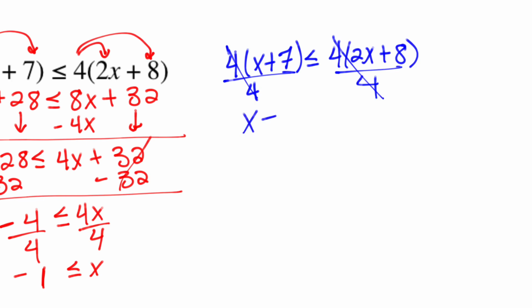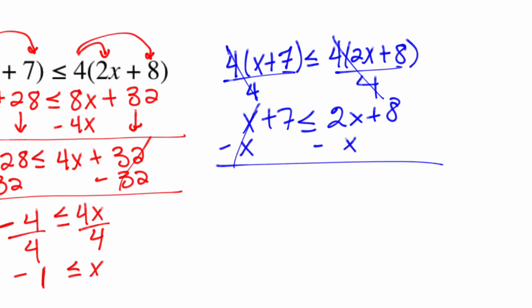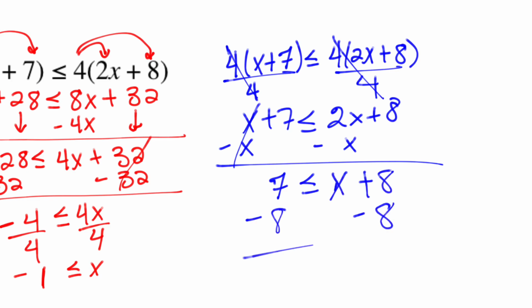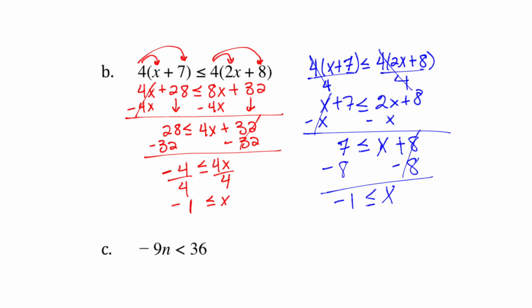You get x plus 7 is less than or equal to 2x plus 8. I would subtract this way, so you don't have to flip your sign. Subtract your x's. You get 7 is less than or equal to x plus 8. Subtract 8. And get x is still negative 1. Same direction of the signs. Plug in to verify your signs.